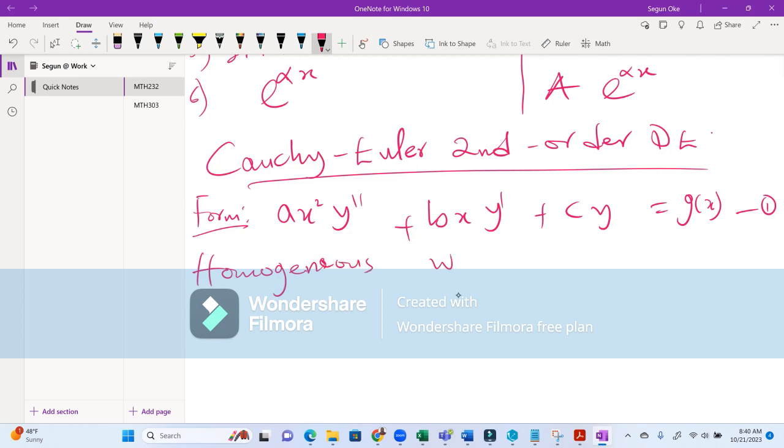In homogeneous, g of x equals 0. Then when you have non-homogeneous, that is when g of x is not equal to 0.